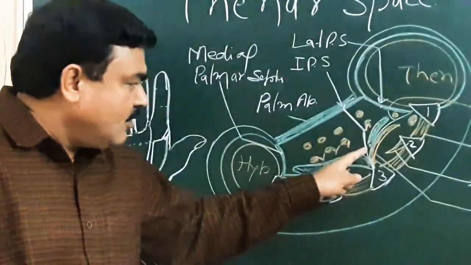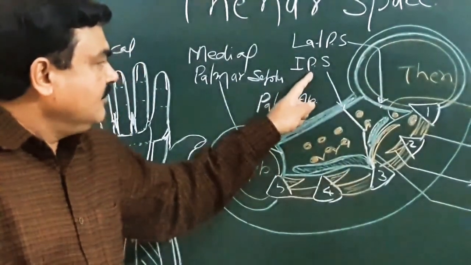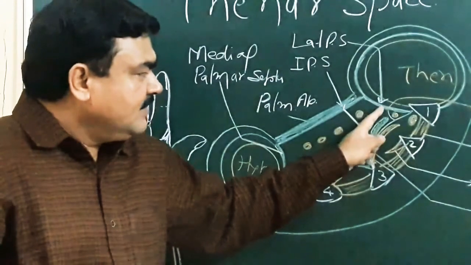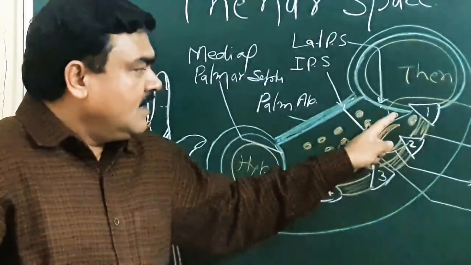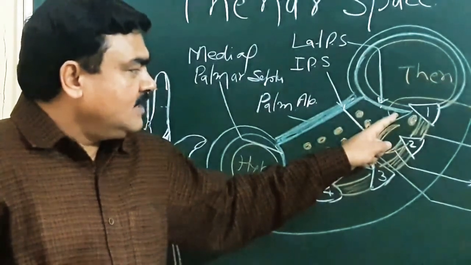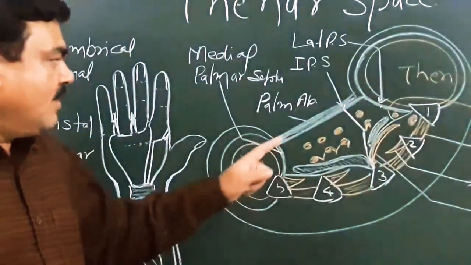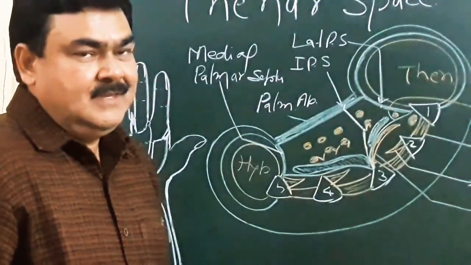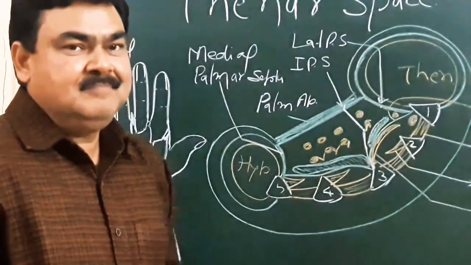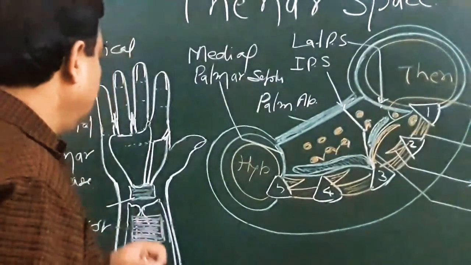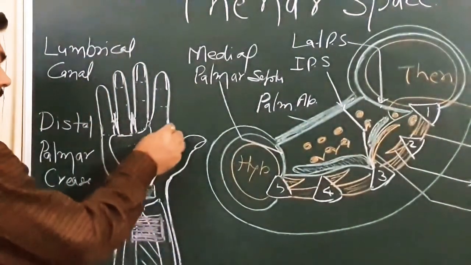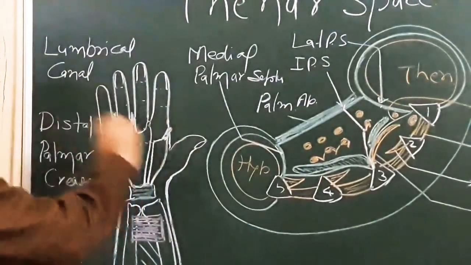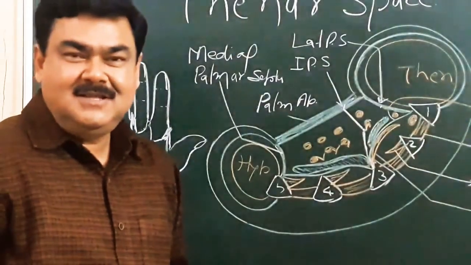The medial boundary is formed by the intermediate palmar septum. The lateral boundary is formed by the lateral palmar septum and also the tendon of flexor pollicis longus. If this space is infected, then pus can be drained by making an incision over the first web space and posterior aspect here. So this is all about the thenar space.